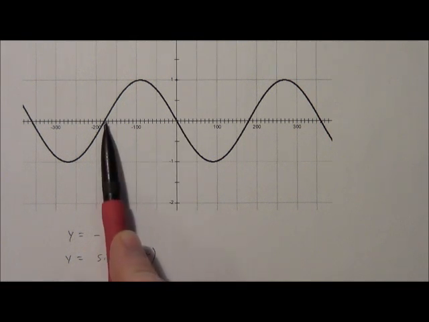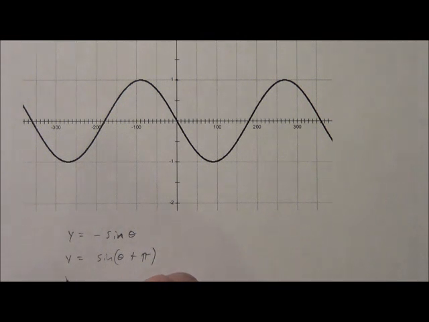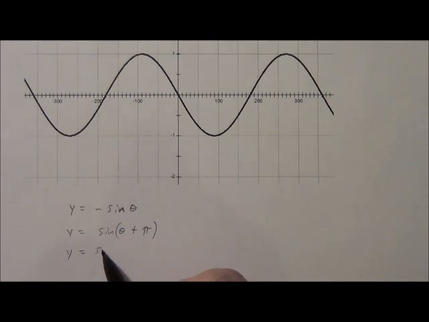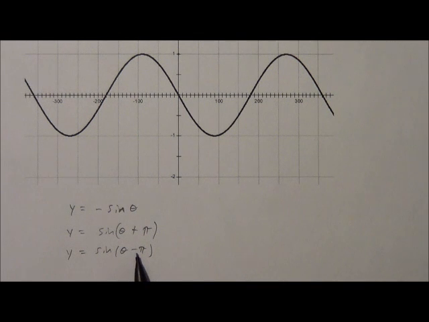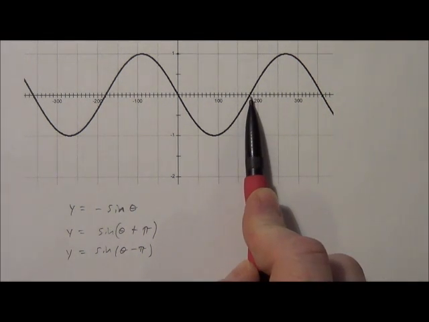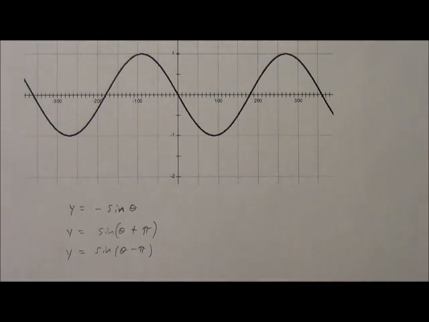So it's been shifted over this way by pi. We could also say then that it is sine of theta minus pi, being that it's been shifted to the right by pi, which would indicate that this would be the beginning of the curve here. Okay, so there's 3 if we think of it as a sine function.